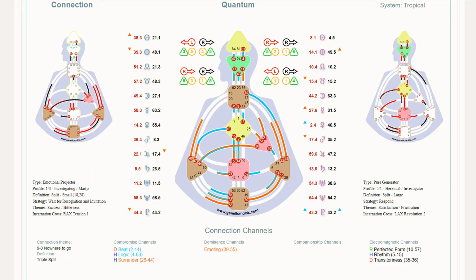And so if you're wondering how to get a connection chart in human design, I think there might be some apps out there that can do that for you, but I generally use geneticmatrix.com, but then again, I'm a member of geneticmatrix.com, so I can go into some of the deeper things they have there and cook up a connection chart.